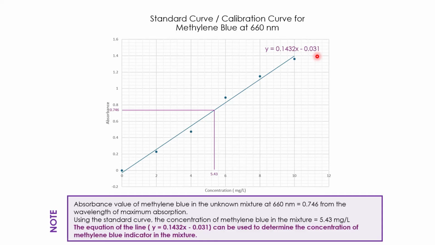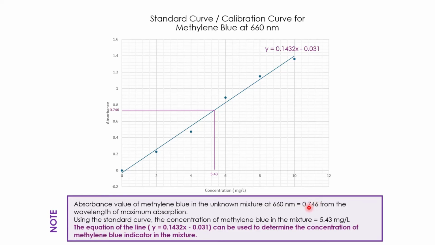So what it means is that if you are to extrapolate or determine the concentration of the methylene blue in the unknown mixture from the methylene blue calibration curve, we first have to note the absorbance value of the methylene blue in the unknown mixture at 660 nanometers.